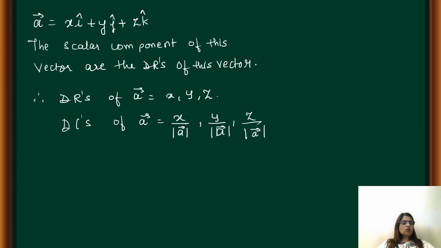Correct. So we can also say that direction cosine of any vector is the scalar component divided by the magnitude of that vector.